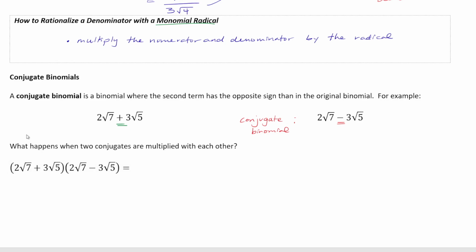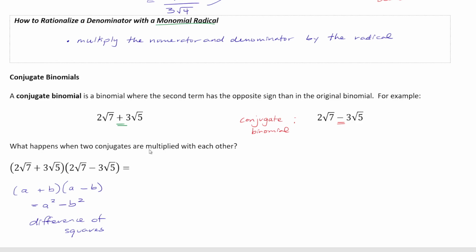This should start to look somewhat familiar because you should hopefully be seeing a pattern here: A plus B, A minus B. Hopefully you see this and you're like, okay, I know what this is. This is a difference of squares, which we've definitely seen before over the past 2 years.